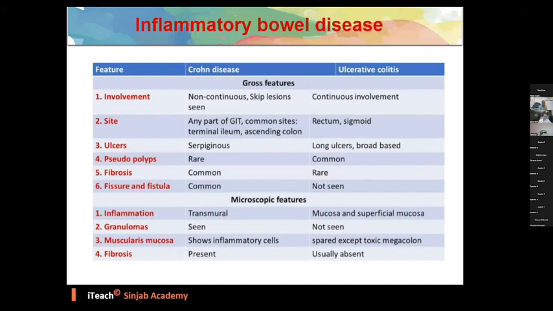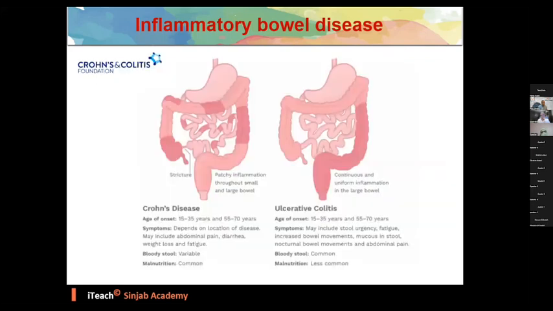Other microscopic features: the extent of inflammation is transmural in Crohn's disease and involves only the mucosa and the superficial mucosa in ulcerative colitis. This photo shows the extent of inflammation, which is patchy and throughout the small and large intestine in Crohn's disease, and continuous and uniform inflammation in the large bowel in ulcerative colitis.